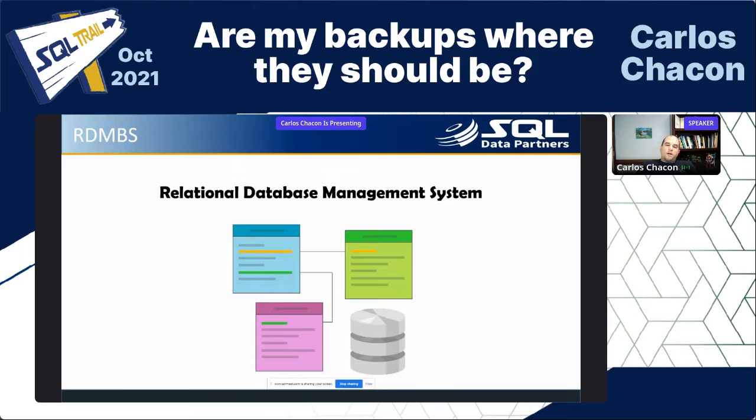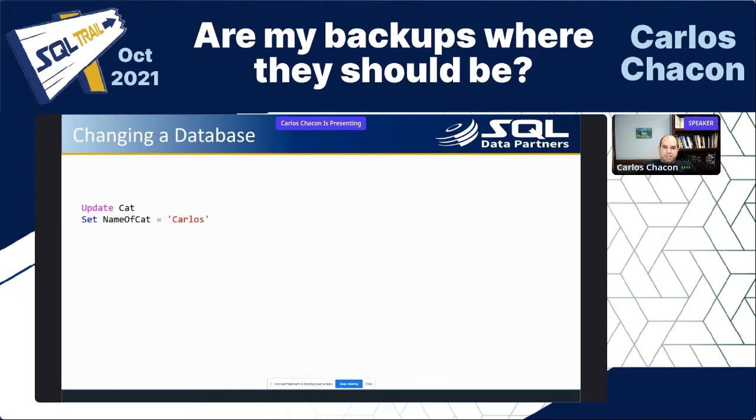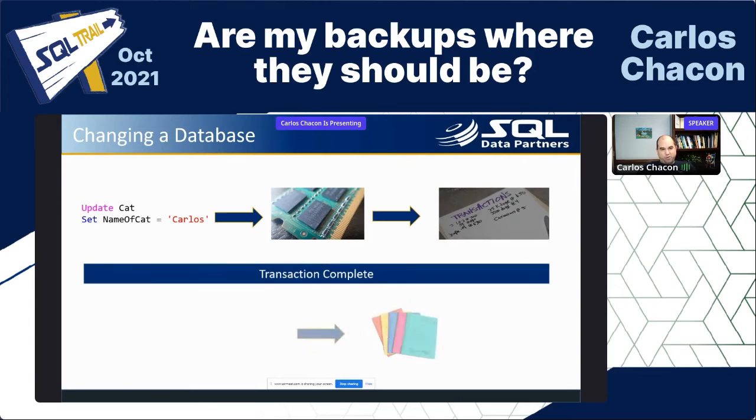So the way that it does that is the following. When you hit SQL Server and you run a query, in this case, an update statement, that query gets sent to memory.